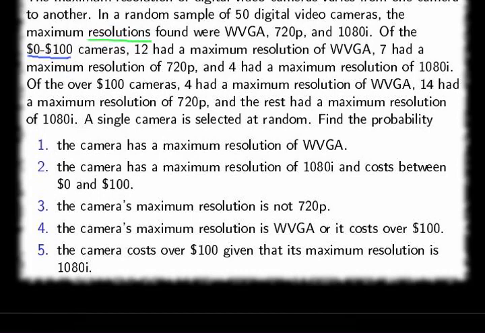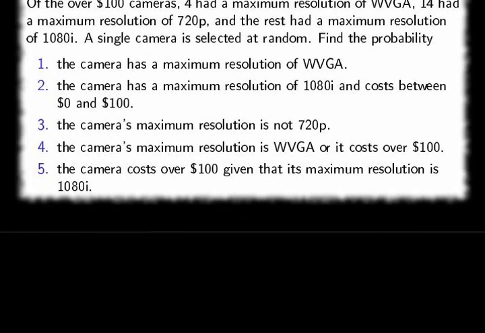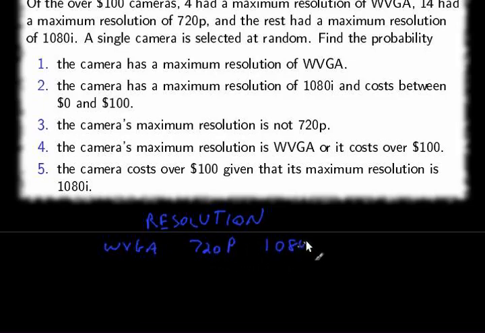We have 50 digital video cameras, and they're again distinguished by resolution and price. So across the top of the contingency table, I will put resolution, and the possible resolutions are WVGA, 720p, and 1080i.